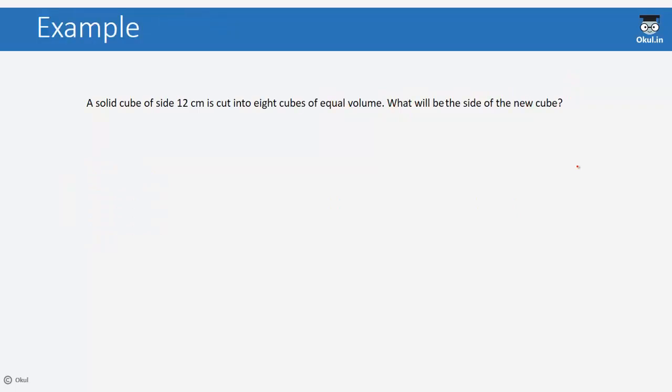Let us do an example in order to understand the concept. The example is: a solid cube of side 12 centimeters is cut into 8 cubes of equal volume. What will be the side of the new cube? So we have a solid cube that is being cut into 8 cubes.